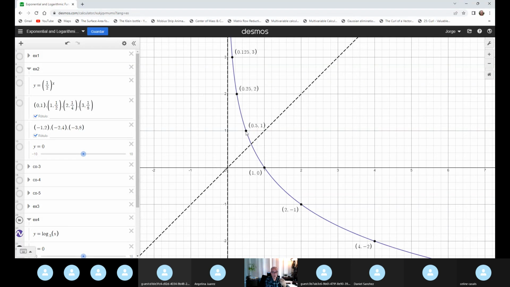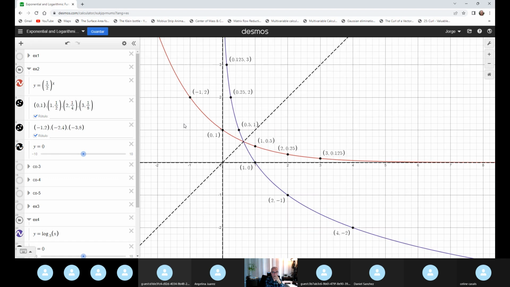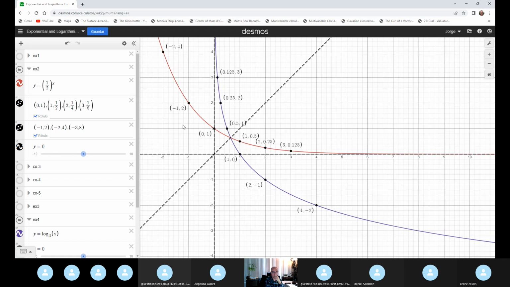And the logarithm of a number greater than 1, like 2, 3, 4, is a negative value. Together, you see clearly the reflection. In this case, the red one is the exponential, and the purple color is the logarithmic. Very well.